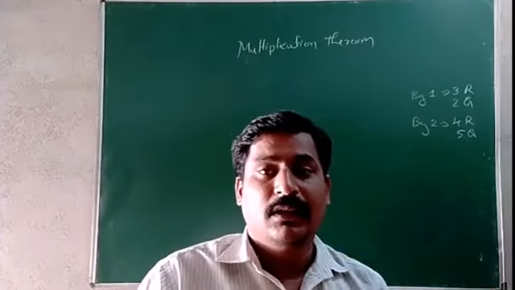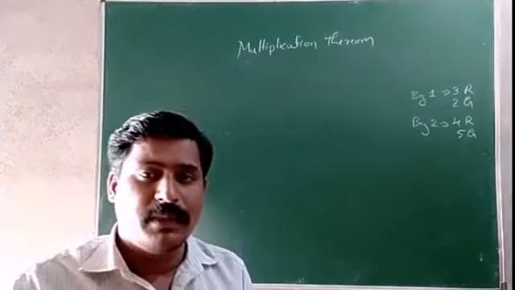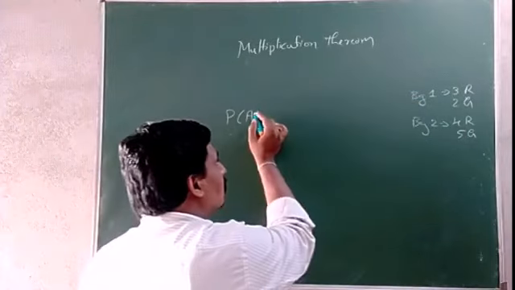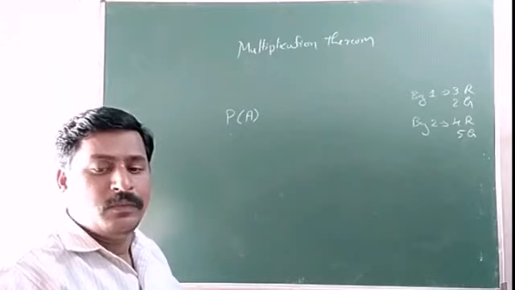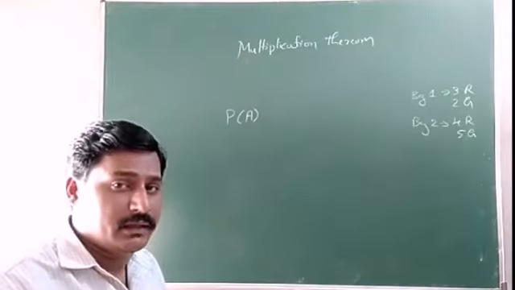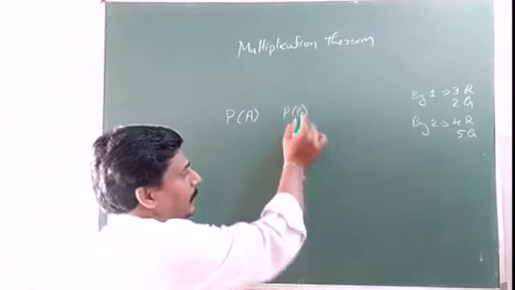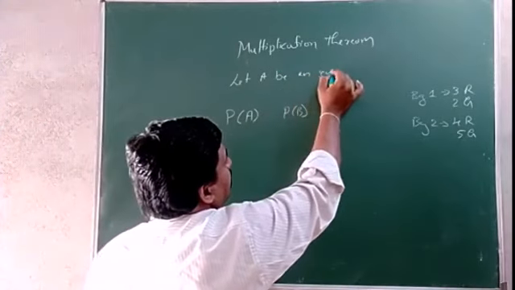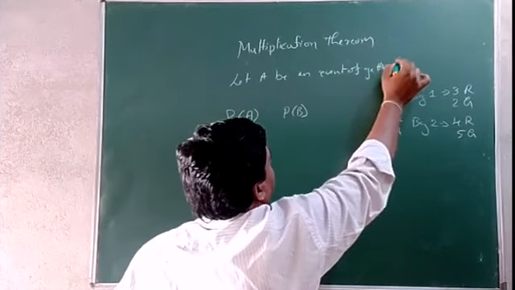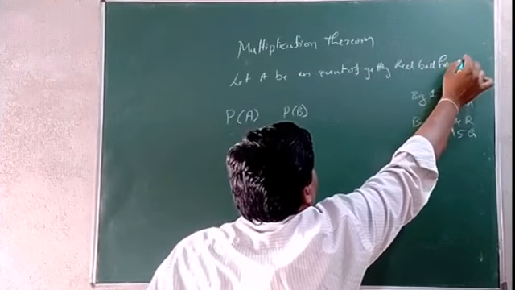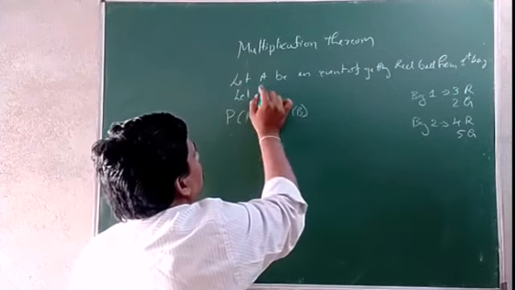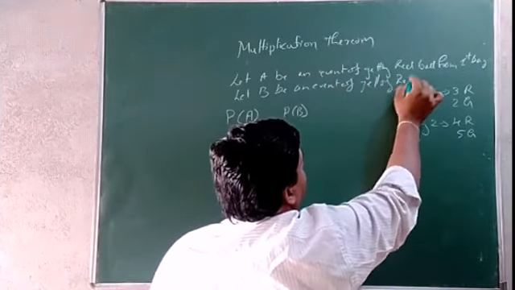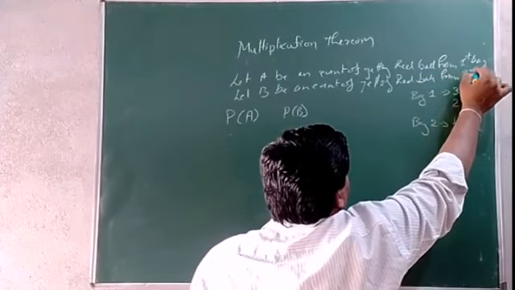So the probability of getting a red ball from both bags is P of A, getting a red ball from bag 1, we consider it as the probability of A, and the second, getting a red ball from the second bag, we assume it as the probability of B. So let A be an event of getting a red ball from the first bag, and let B be an event of getting a red ball from the second bag.